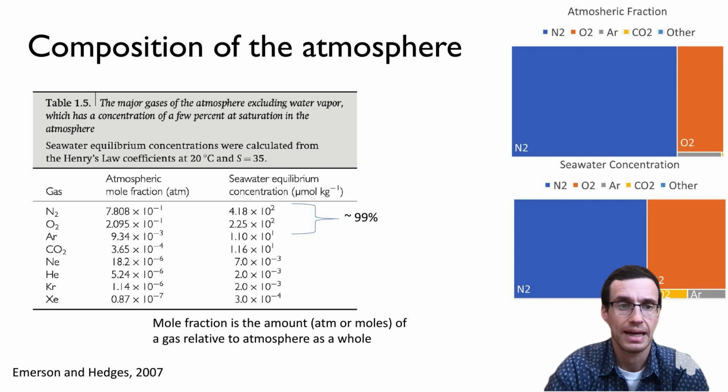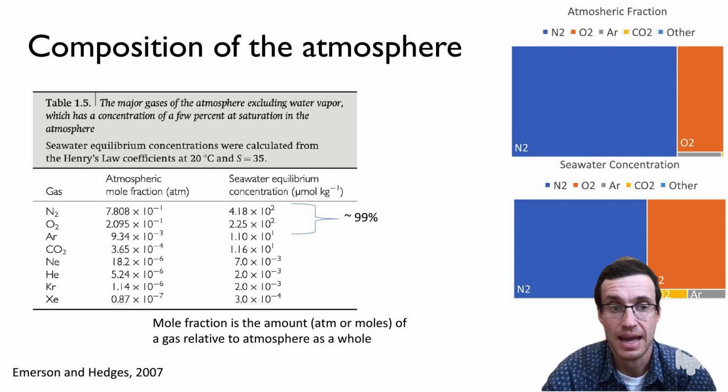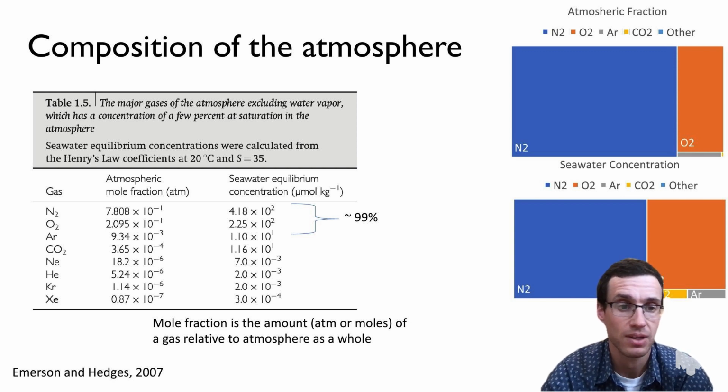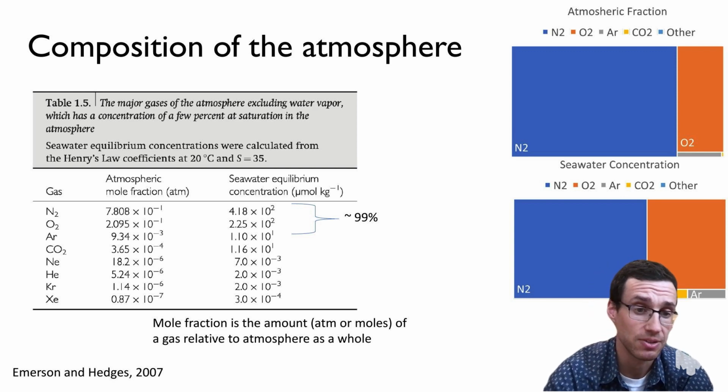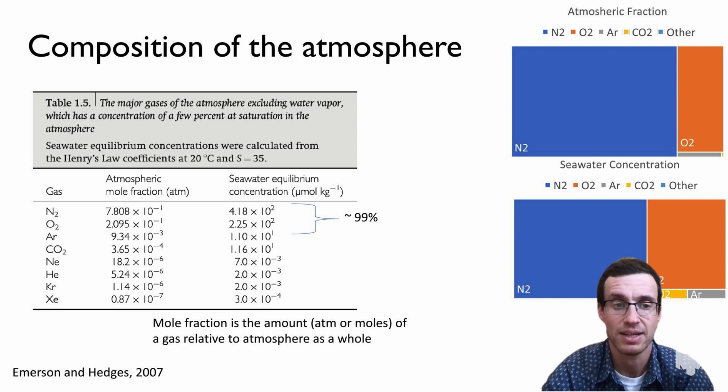So if we look at the composition of the atmosphere, we've got a table on the left with main gases in the atmosphere and then what their concentration is at equilibrium in the ocean. So there's some scientific notation here. Basically, for nitrogen, that's N2, our atmospheric mole fraction is 0.78.